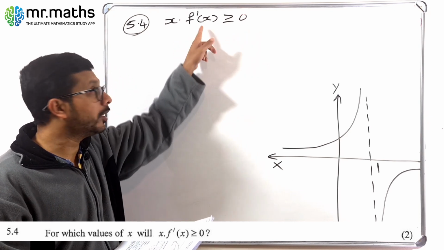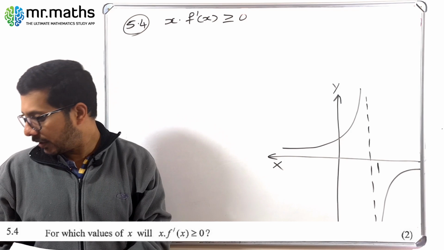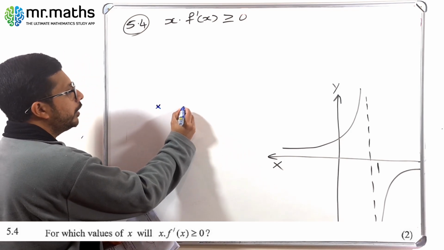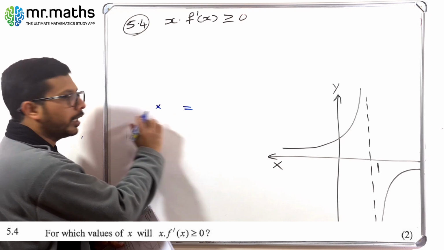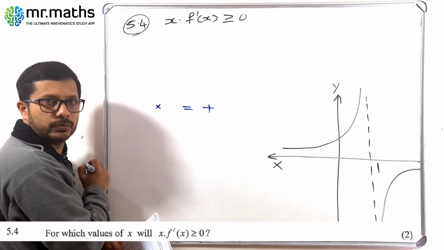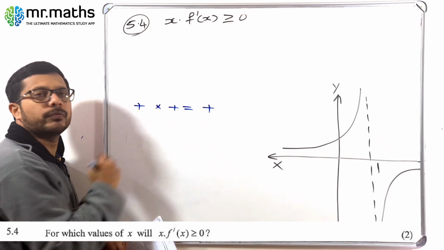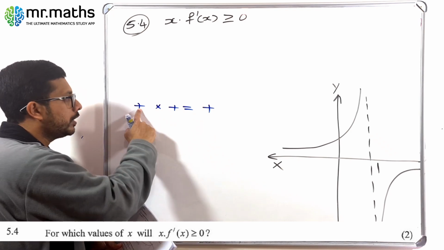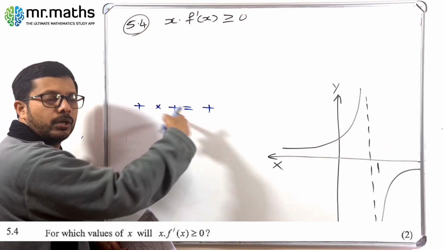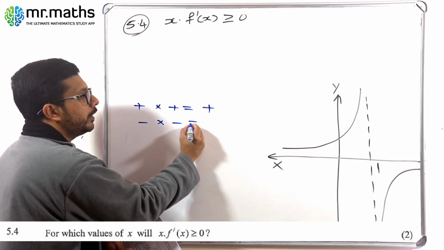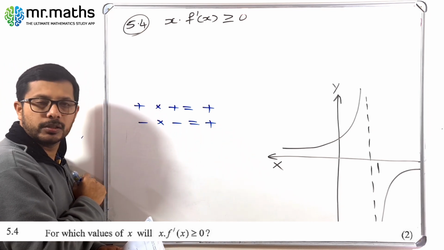Two quantities multiplied and they want the answer as positive. You know that if you multiply two quantities and you want the answer as positive, either both of them must be positive, positive times positive is positive, or both of them must be negative, then also the answer is positive.